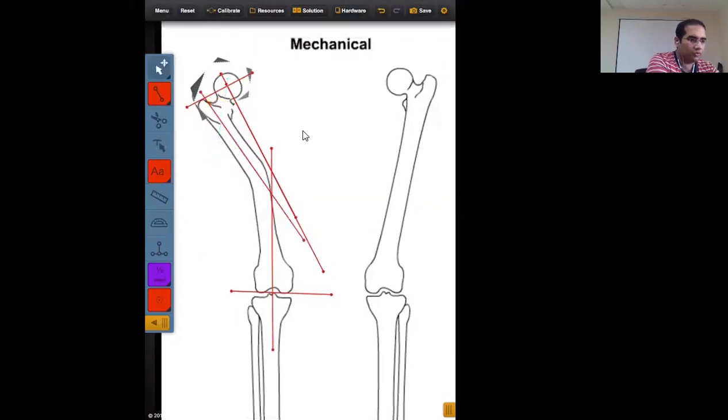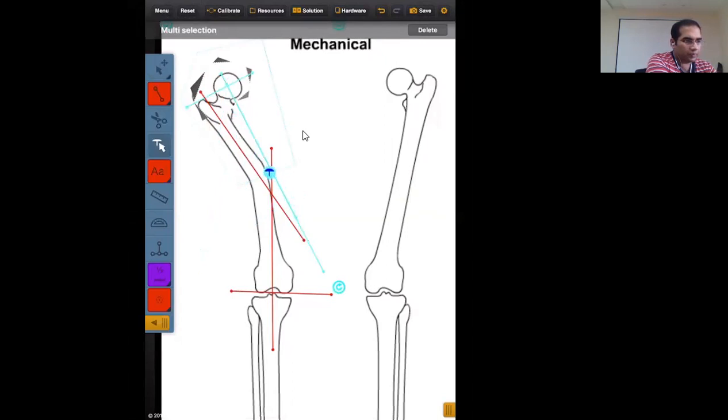Now, let us move to the deformity which is below. Let us do a deformity over here. Again, I've planned an opening wedge.